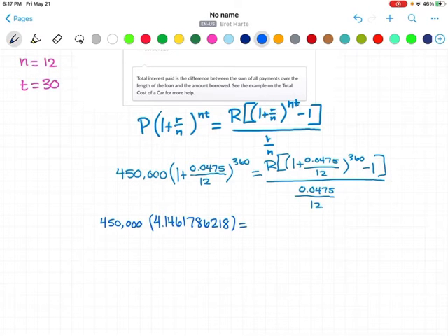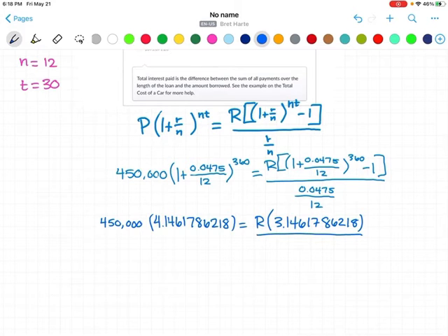Different on this side, we subtract 1, and that is 3.1461786218 over the 0.0475 over 12.